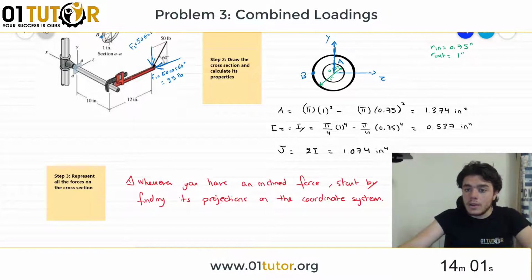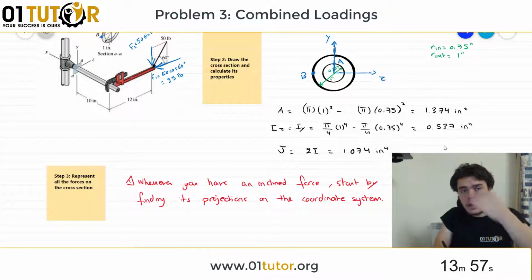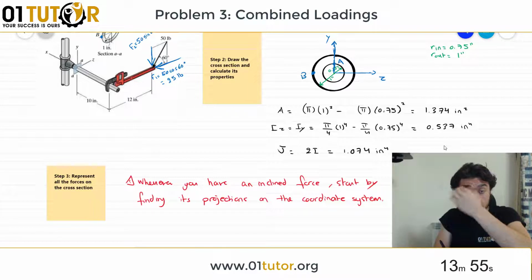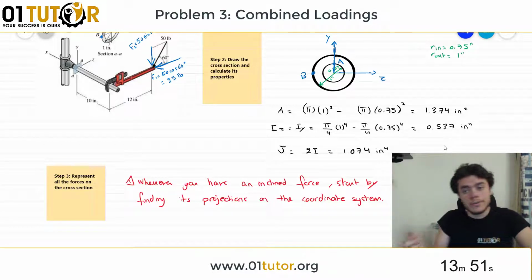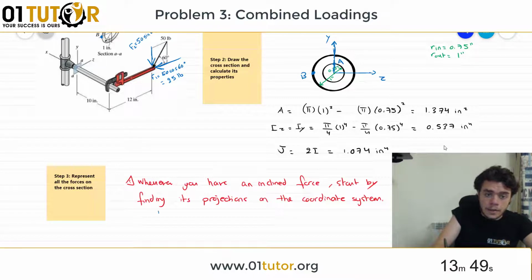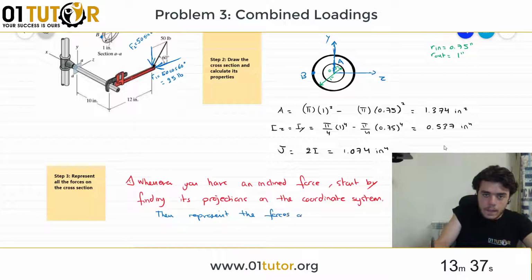Now I can continue working out the problem by moving these forces onto the cross section. So always start by finding the projections, then represent the forces on the cross section.